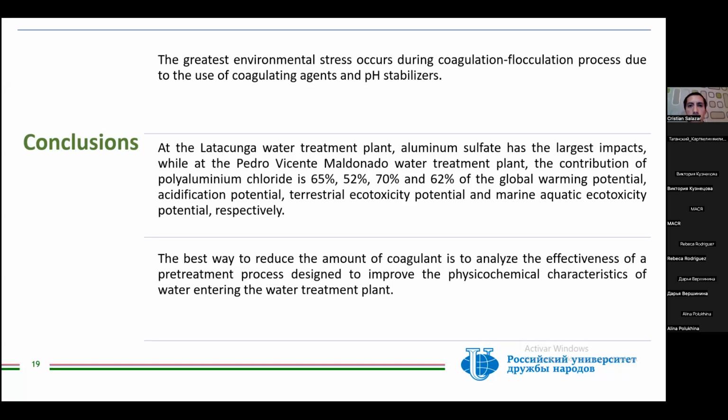I don't know anything about the system, but it seems like the water comes off from a source, right? And then it gets to the water treatment plant. Is there anything that you can do in between those two points, or for pre-treatment, to help reduce the amount of the chemicals you have to use for the coagulation and flocculation process?